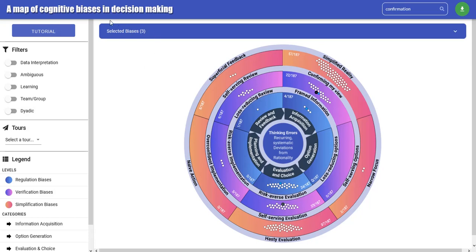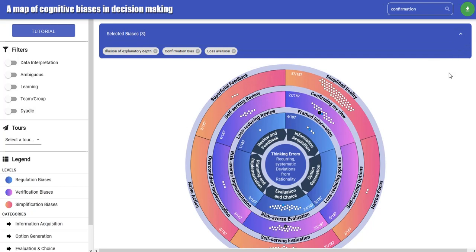And at the end, there's the list of the biases you have selected. For example, you choose the biases you have experienced or the biases you're curious about, you want to learn more about, and you will see all the biases you have selected here. If you'd like to export your selection for further use, for example, just click on the green button.